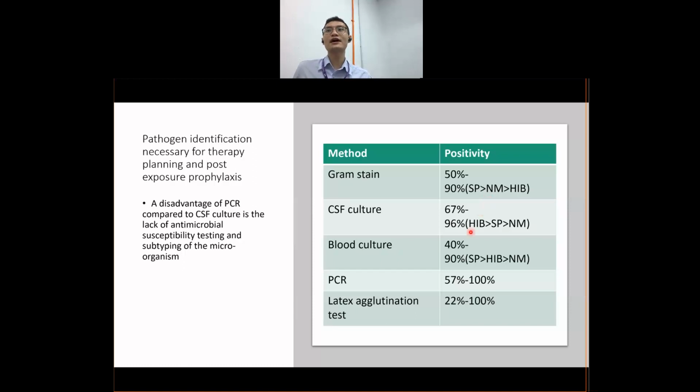Some bacteria are more easily cultured than the others. For gram stain, it is easiest to gram stain streptococcal pneumonia, followed by Neisseria meningitis, followed by Haemophilus influenza type B. For culture, it is much easier to grow Haemophilus influenza, followed by streptococcal pneumonia, and also Neisseria meningitis.